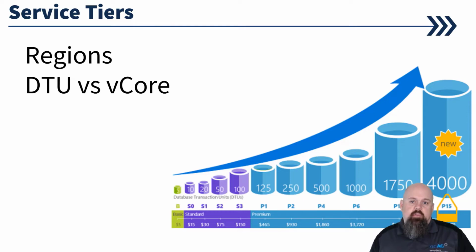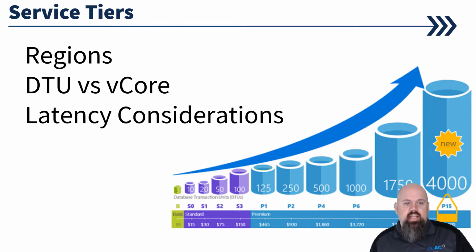One of the things that you need to think about with the tiers is a latency problem as well. Not only the regions, but this is more about log IO.